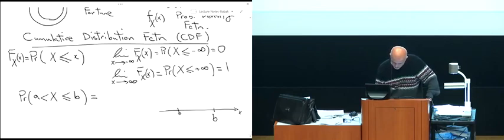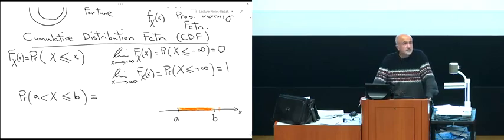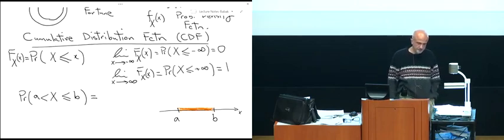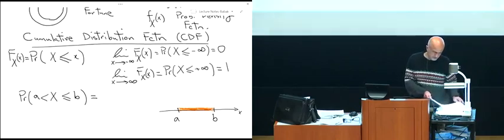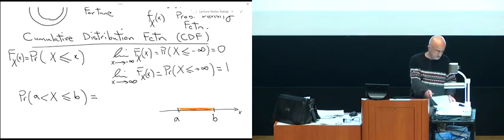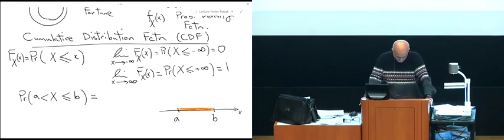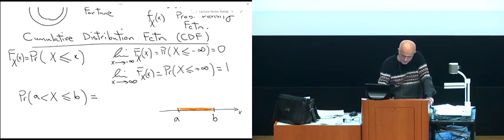Here's B. Here's A. And I'm asking you to figure out what this probability is right here, in terms of the cumulative distribution function. Any ideas?